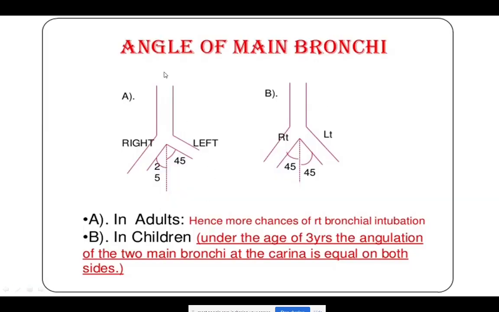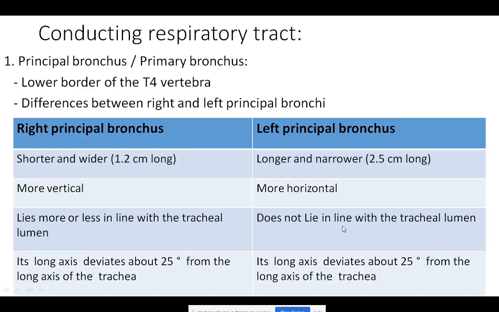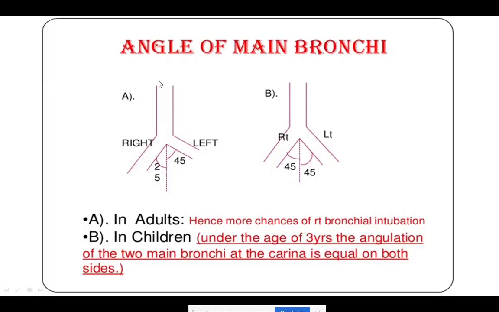The long axis of the tracheal lumen lies in line with the long axis of the right primary bronchus. The left bronchus does not lie in line with the tracheal lumen; it forms an acute angle.